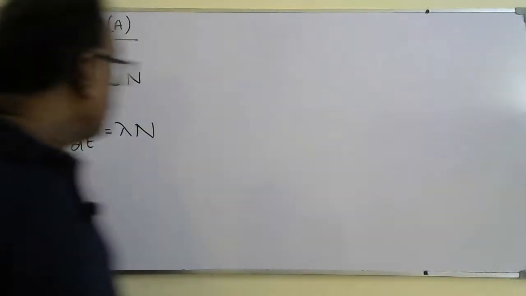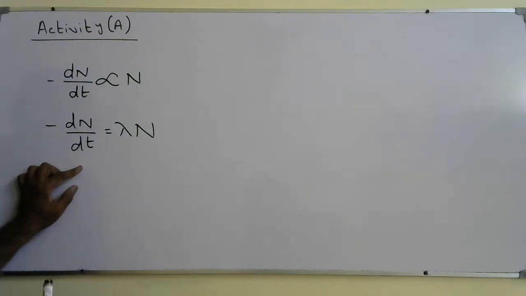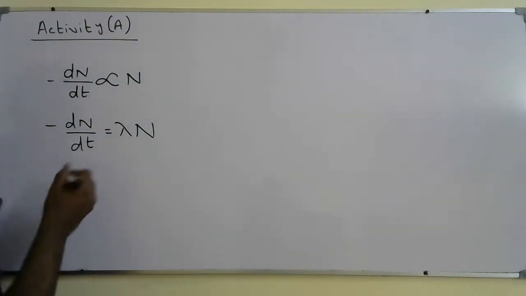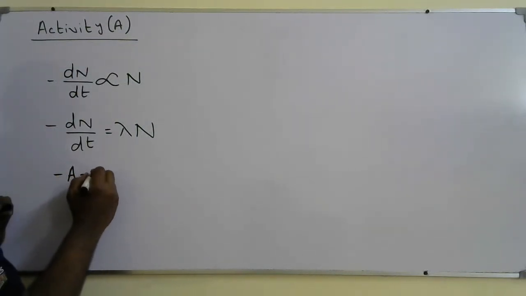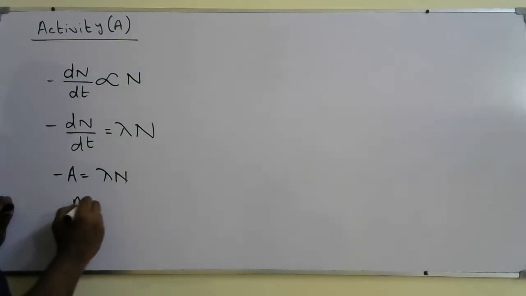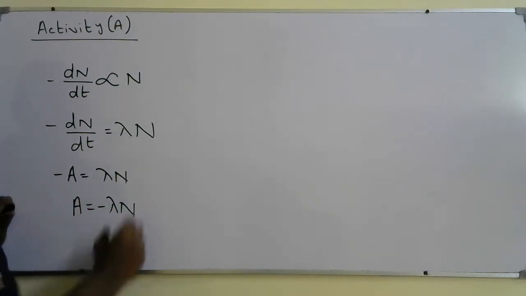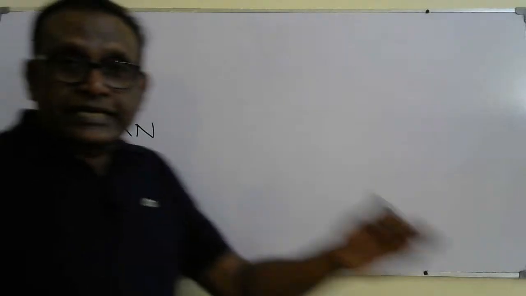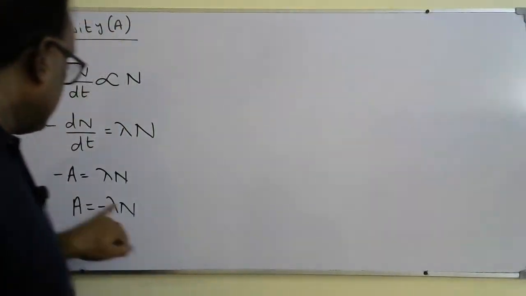Okay, so we know that dN over dt is denoted by A, activity. So minus A equal lambda N, or A equal minus lambda N. But when we do numerical calculations, we don't consider the minus sign.